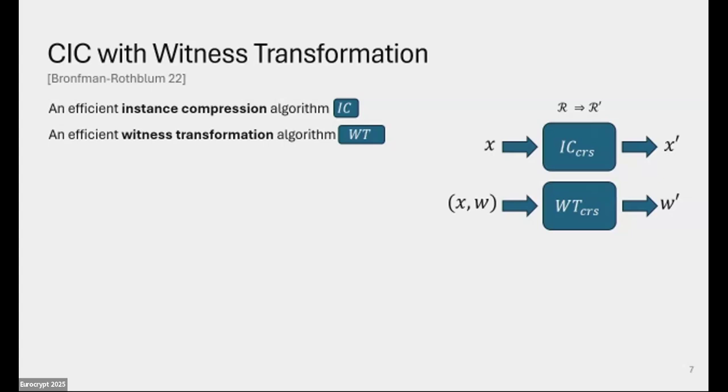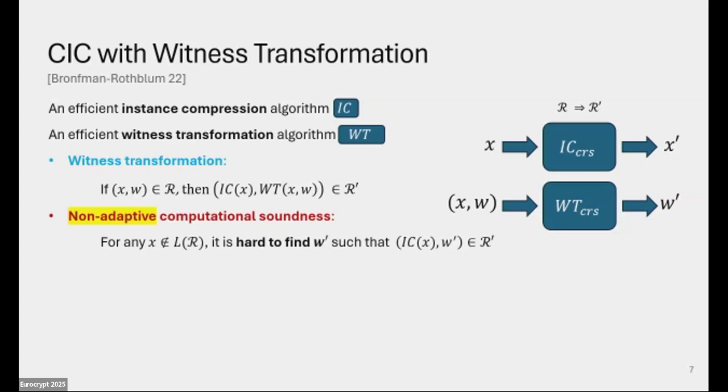The instance compression again compresses the instance, but now we have the additional algorithm, witness transformation, that gets as inputs x and w, and generates a new witness w prime for the new compressed instance x prime. So for completeness, we want something stronger. If we have x and w that are in the relation R, then x prime and w prime that were efficiently generated are going to be in R prime.